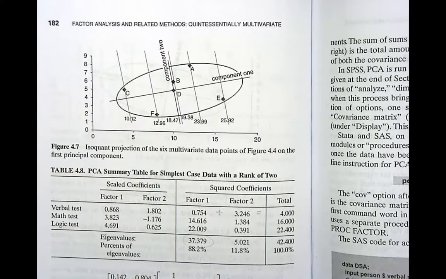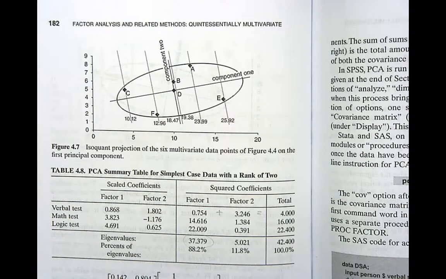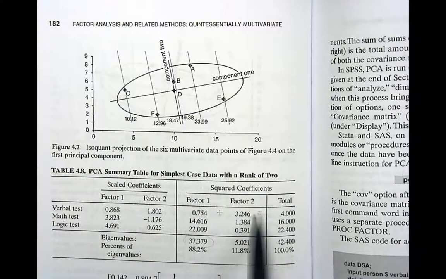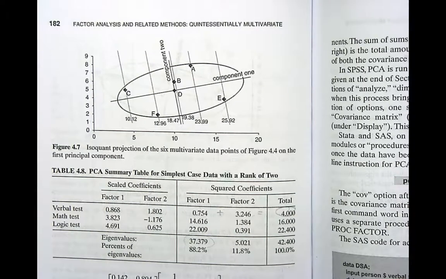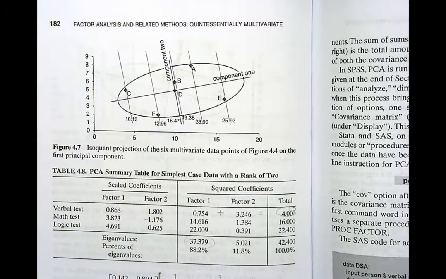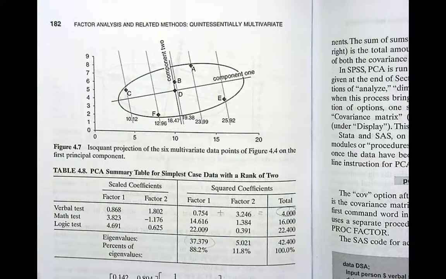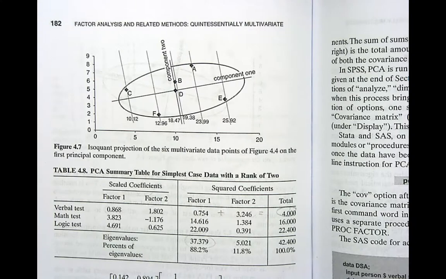It is important to note also from this summary table that the row totals of the squared coefficients, so here, are the variances of the three manifest variables: math test, verbal test, reasoning test. The two column totals, so we have 37.379 and 5.021, as I just explained, are the eigenvalues, the variances of the latent variables or the components.